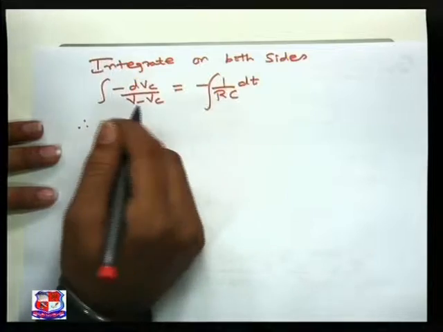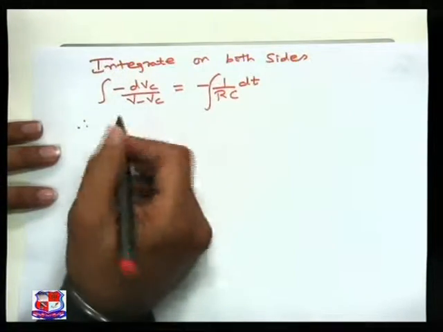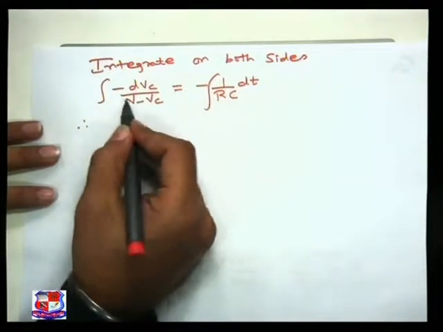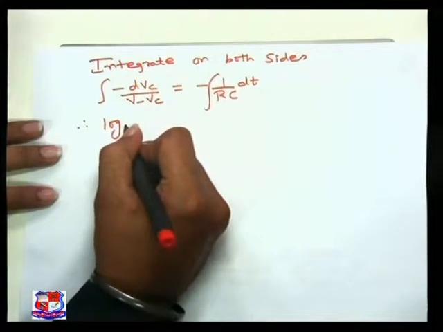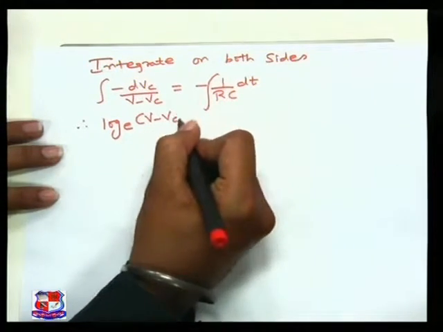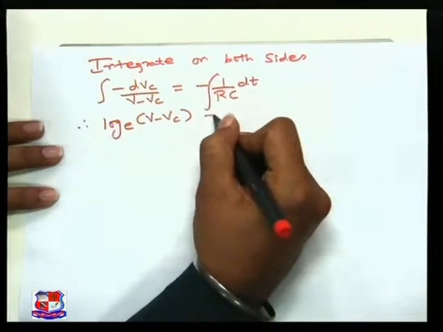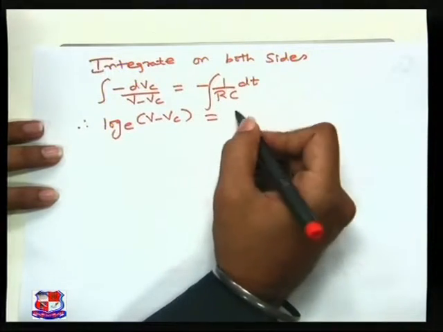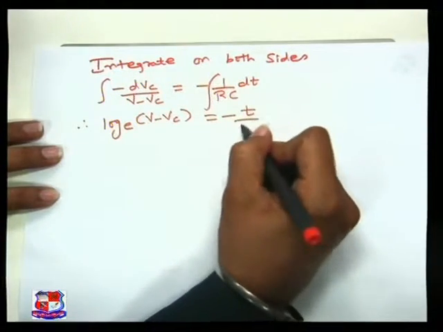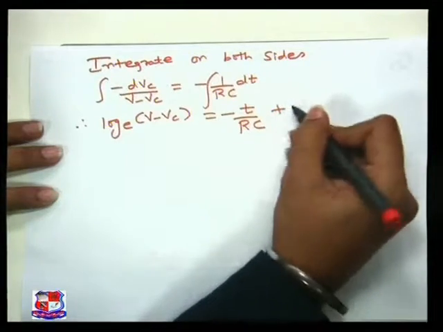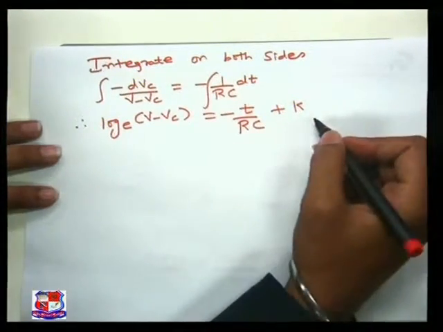So if you remember the formulas of integration, you can write the integration on the left hand side directly as log e of V minus VC, and on the right, because there is 1, you can write minus t upon RC plus constant K. K is the constant of integration.